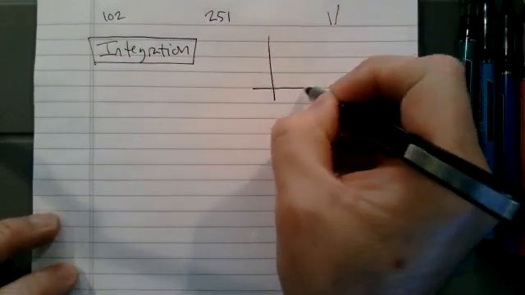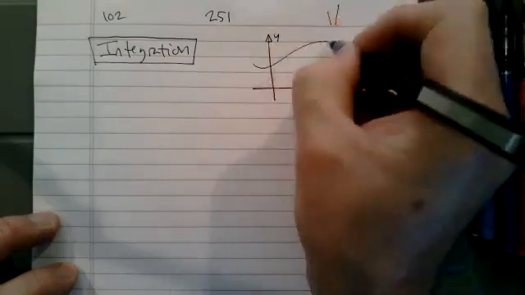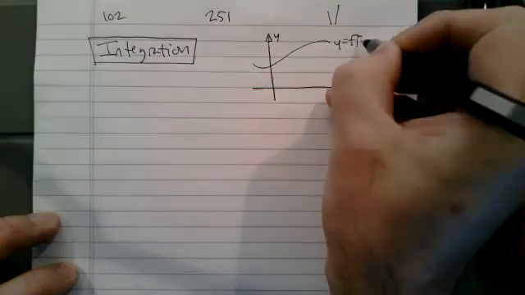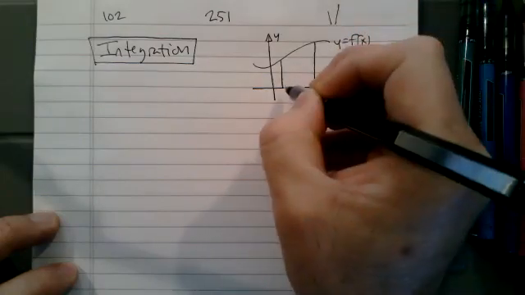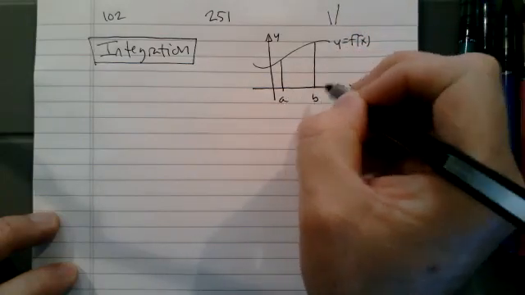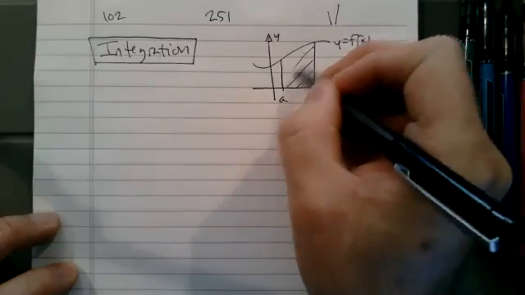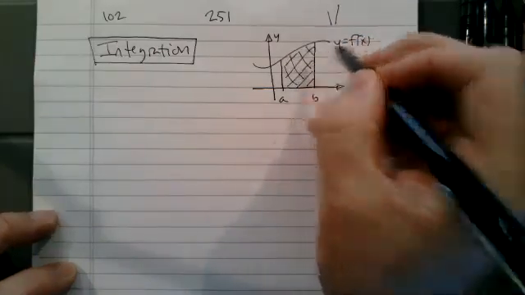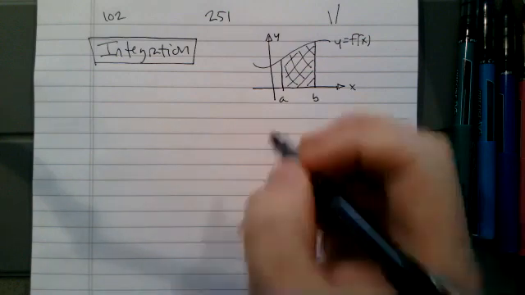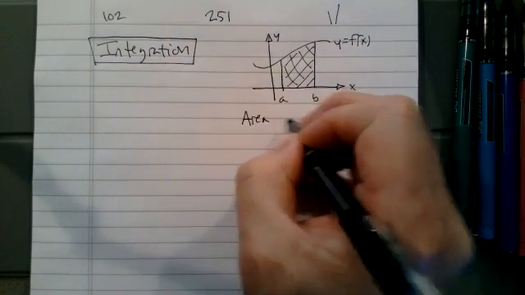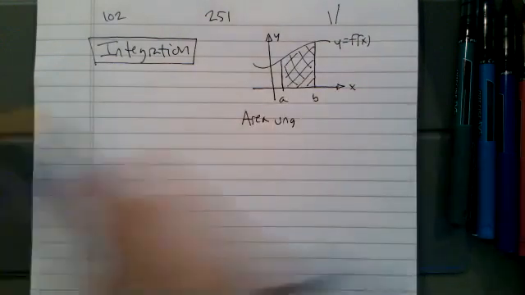So our way in yesterday was to find the area under a curve and above an interval, say between A and B. So our way into integration is going to be find the area under a curve and above an interval.